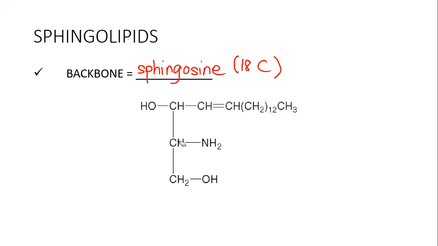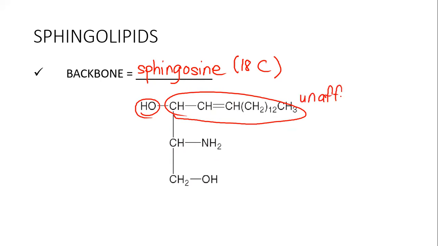But in order for us to understand or in order for us to explain the structure modifications better, okay, we shall use this structure. Okay, so first, itong part na to class, itong 16 carbons na to, 16 carbon, 17, 18, the 16 carbon part together with the OH, usually, sa karamihan ng examples natin ng sphingolipids, they remain unaffected or untouched doon sa structure.